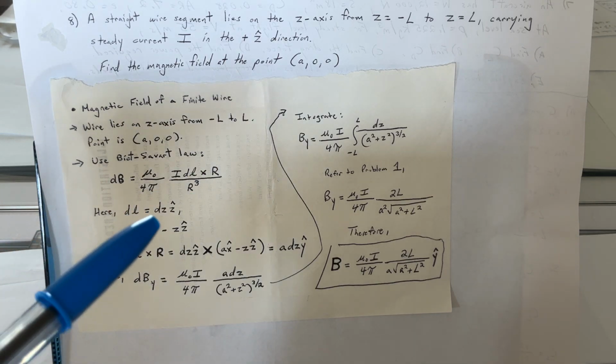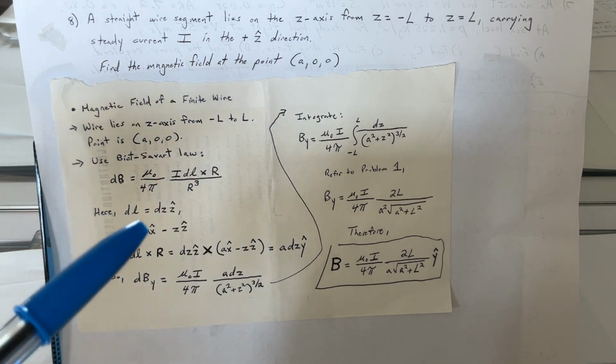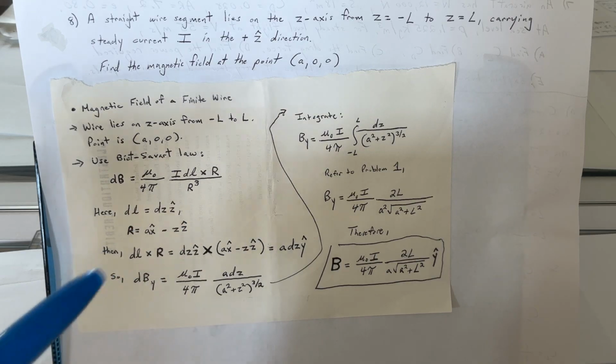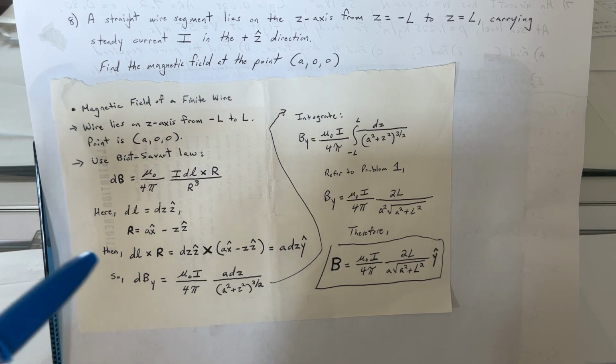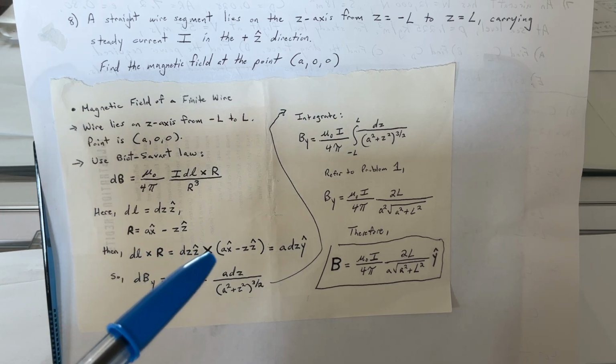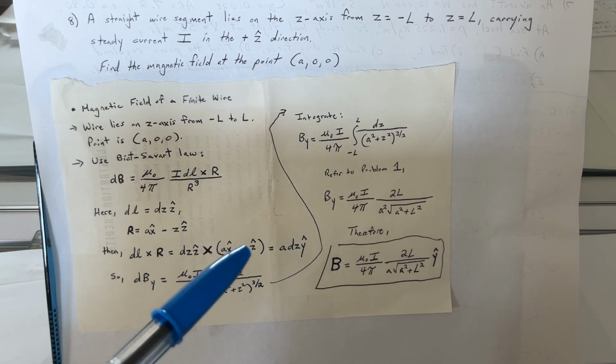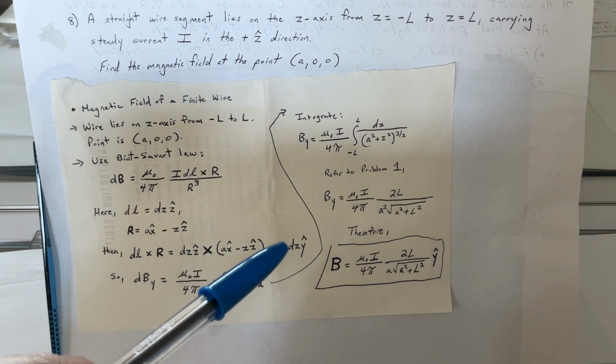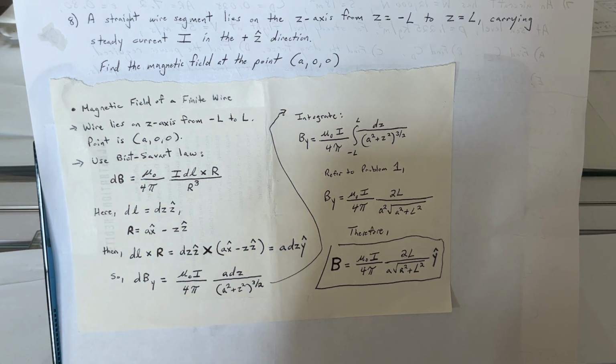Here dl is dz z hat, and capital R is a x hat minus z z hat. So dl cross R is dz z hat cross a x hat minus z z hat, and that's going to be a dz y hat when we do the computation.